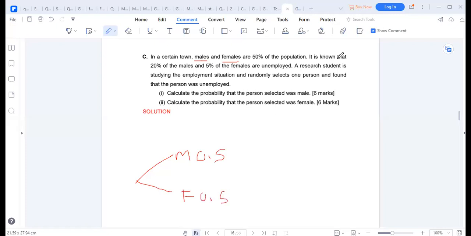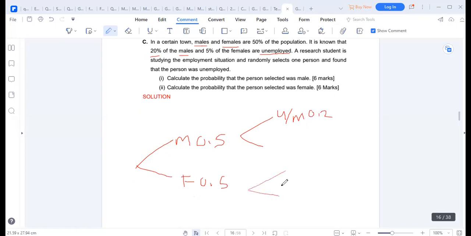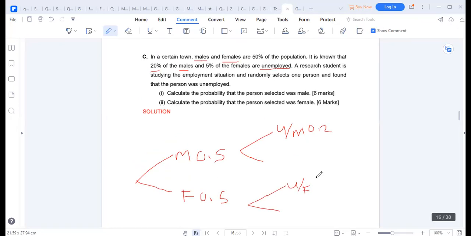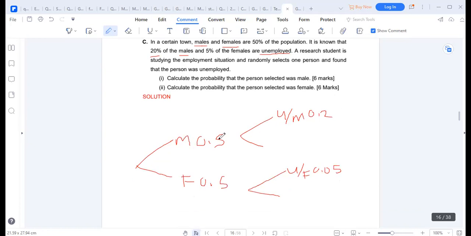Then we are told that 20% of the males are unemployed. So unemployed coming from the male, this must tell you where it is coming from, was 20%, 0.2. Then unemployed coming from the females was 5%, 0.05. Before you answer anything, you need to multiply these two to get the intersection.